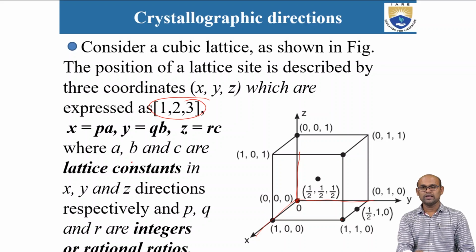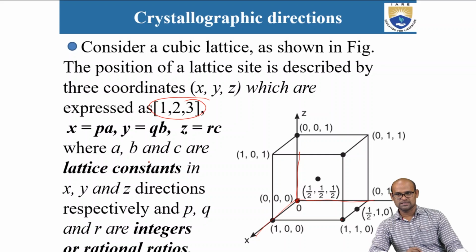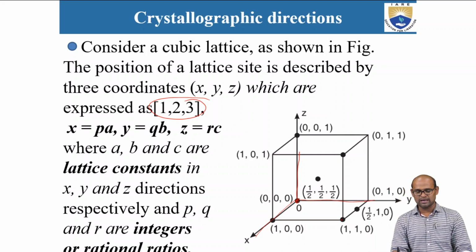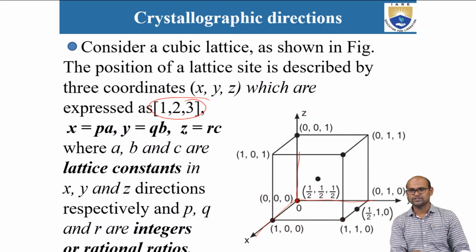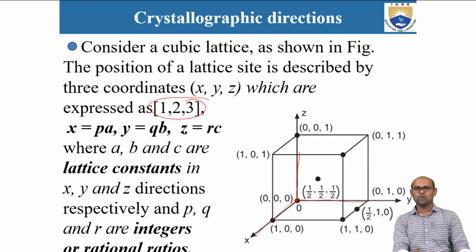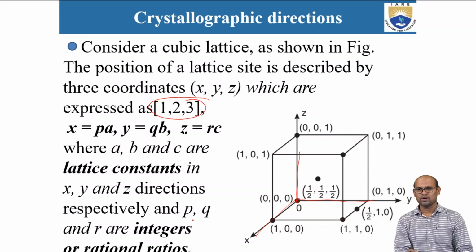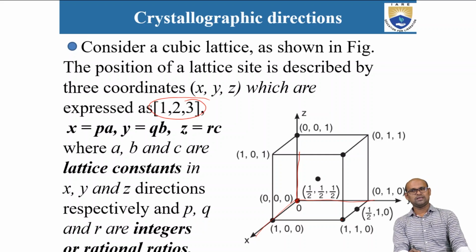Here A, B, C are axial lengths, or you can also call them lattice constants, along the x, y, z directions respectively, and P, Q, R are integers or rational ratios, nothing but integers in numerator and denominator.